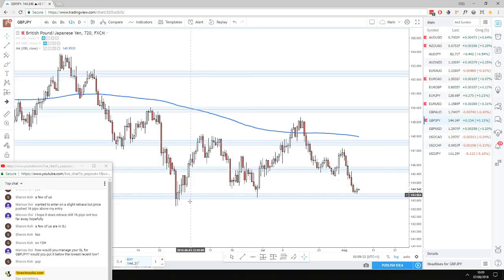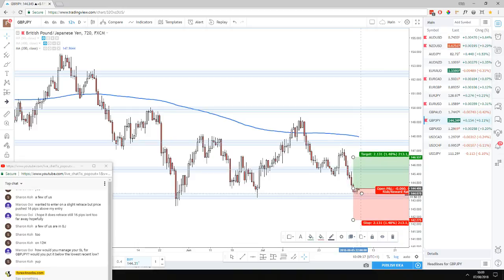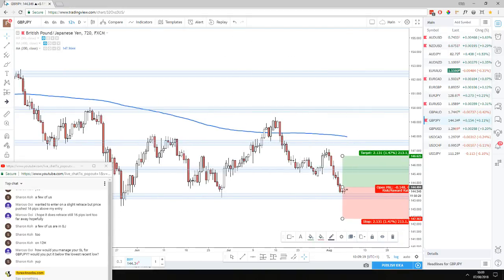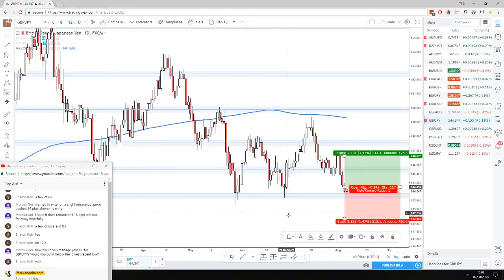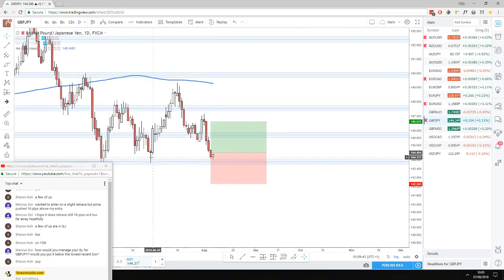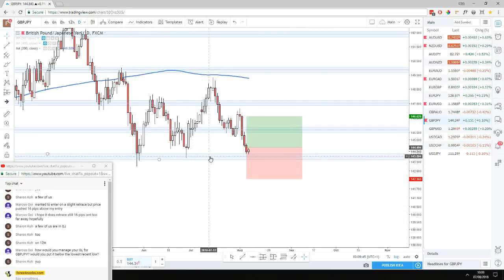How would I manage my stop loss? Would I put it below the lowest recent low? I'm not sure what you mean by recent. Do you mean that low? Or do you mean that low? Because that low is way too low.